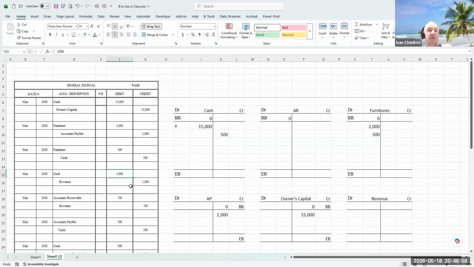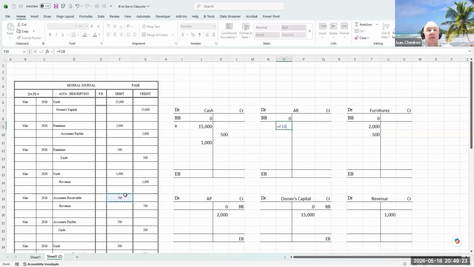Next transaction, cash going up, $1,000 cash going up. Why? Because now we have a revenue for $1,000. Then what's happening is accounts receivables going up with $700.